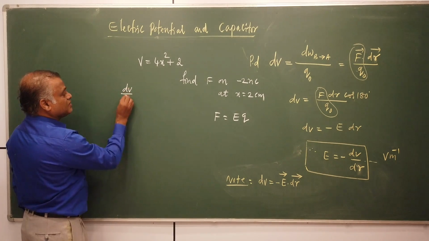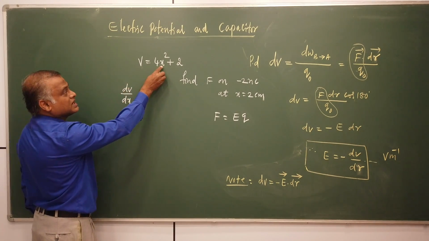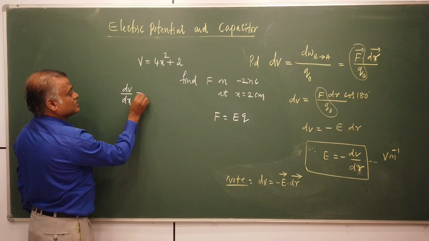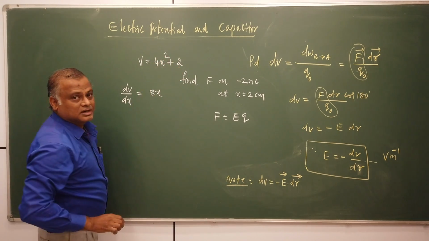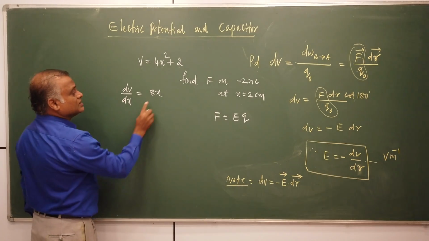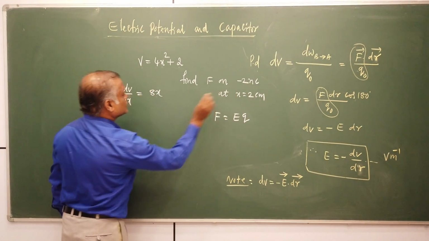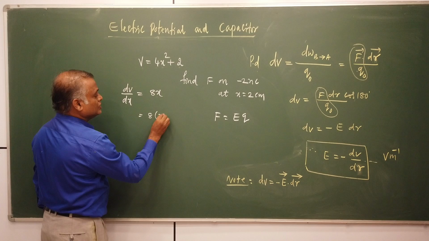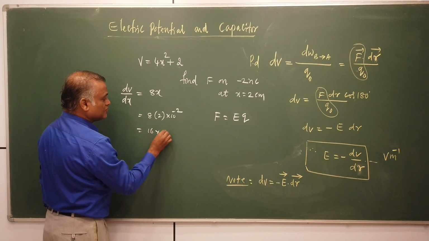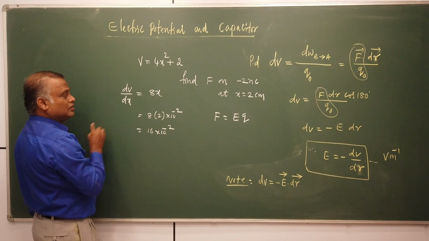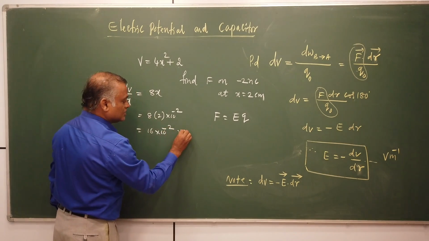So dV by dx. Now, my dear student, x is the distance. So that is equal to 4x square is 8x plus 2. Differentiation of constant is 0. So now at x equal to how much they asked? 2 centimeter. 8 into 2 into 10 to the power of minus 2, 16 into 10 to the power of minus 2 volt per meter.